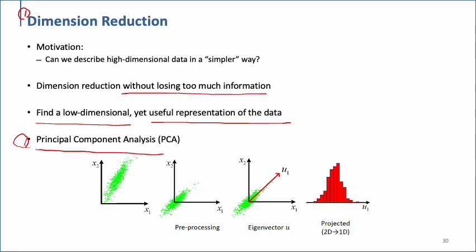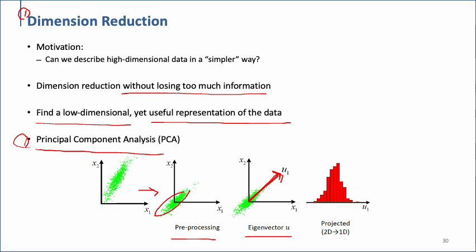The idea of principal component analysis is that firstly we need to pre-process the data to have zero mean and unit variance. Then you need to calculate the eigenvalues and eigenvectors and find the k largest eigenvalues, so that we can find the principal components.